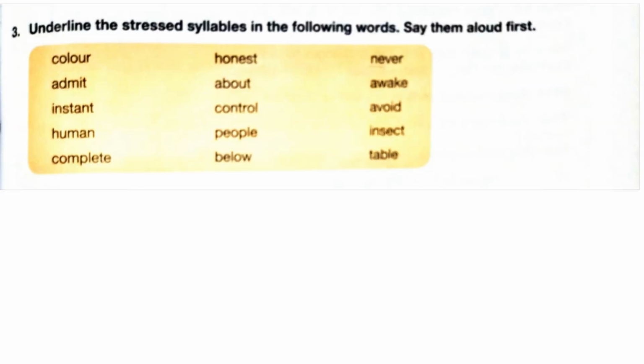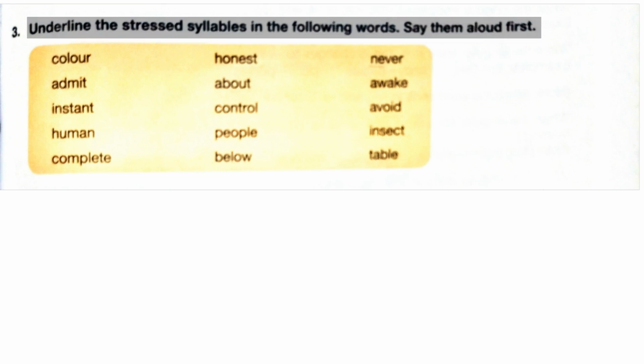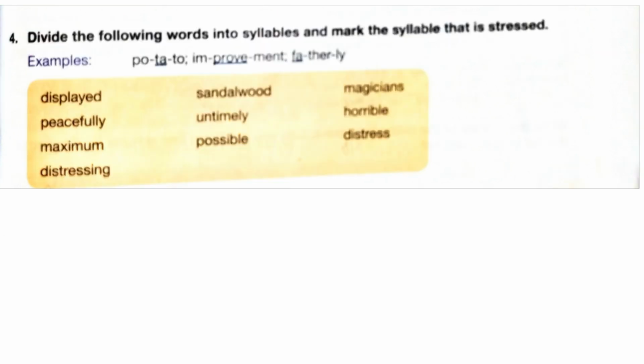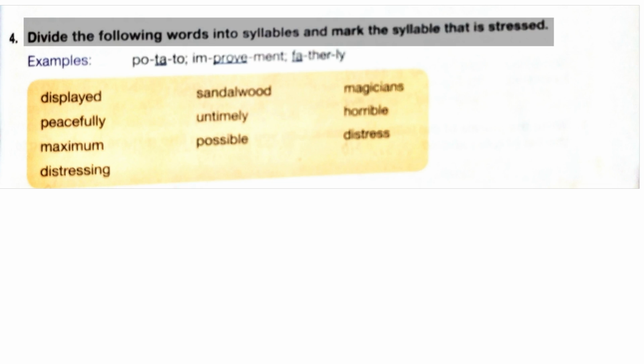Question number 3 is: underline the stressed syllables in the following words. Say them aloud first. Solution is as under. Question number 4 is: divide the following words into syllables and mark the syllables that are stressed.